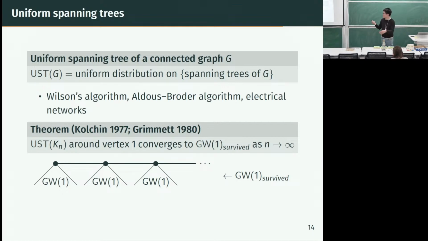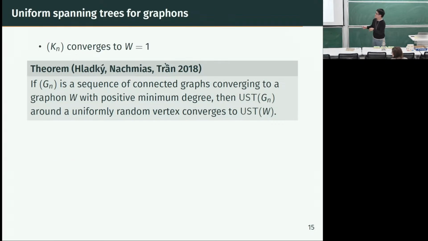Right, and so when one studies things with graphons, the natural question to consider is the following. Since this previous result of Kolchin and Grimmett was basically studying what happens when I have a sequence of graphs, K_n, converging to a graphon W, which is just the all ones graphon, what can we say in general?